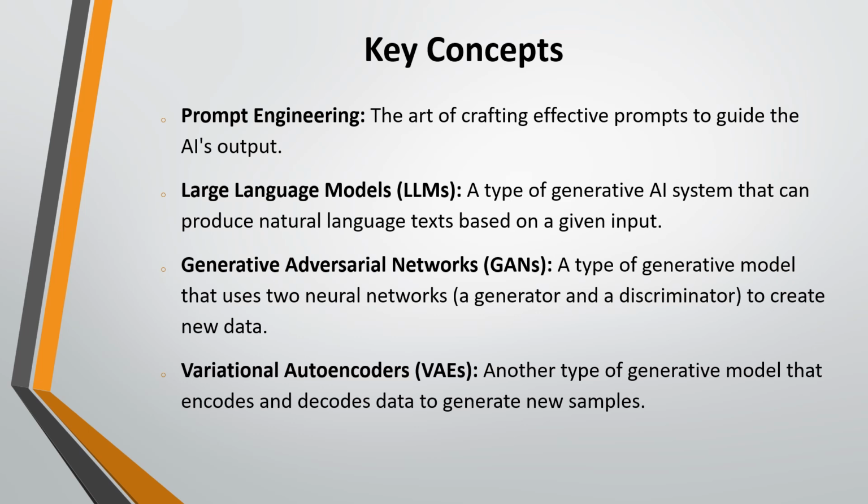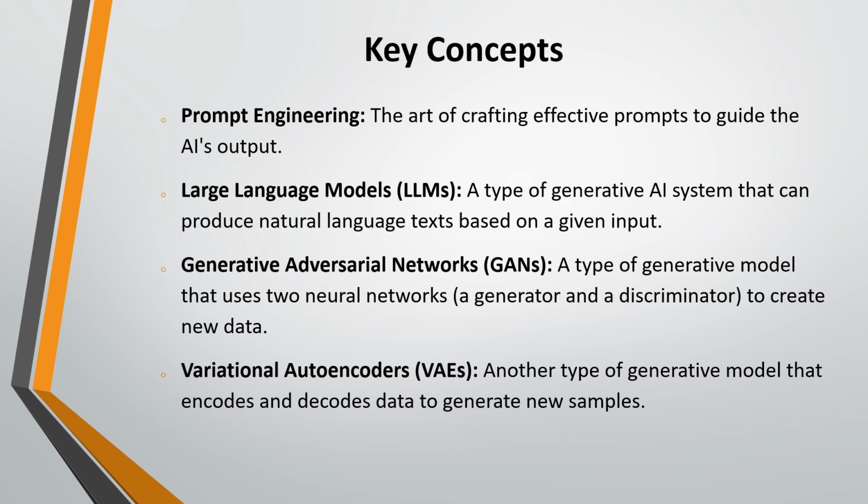So generative adversarial network, a type of the generative model that uses two neural networks, a generator and the other is a discriminator to create the new data. So generator basically generates the new data, and the discriminator compares with the old data if it is the same or it is different, and tries to create something different at the end.